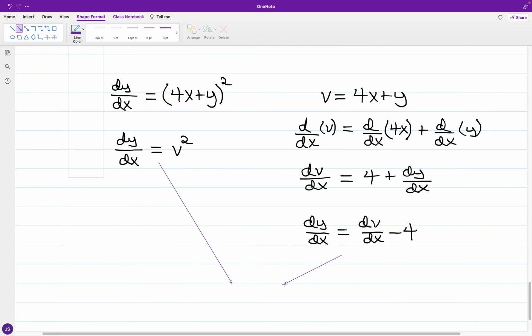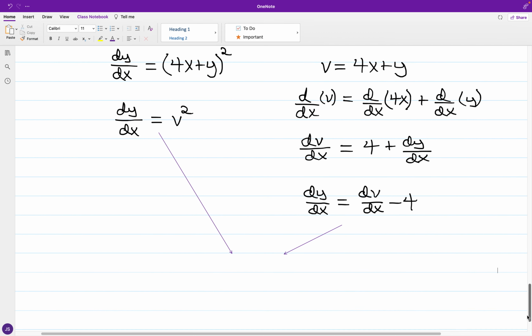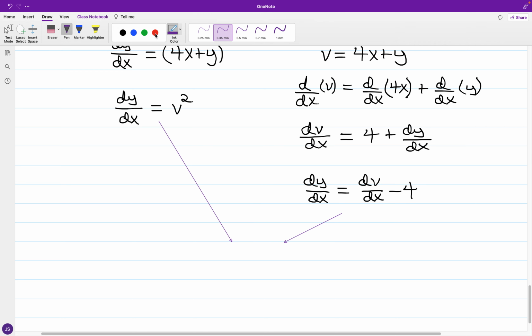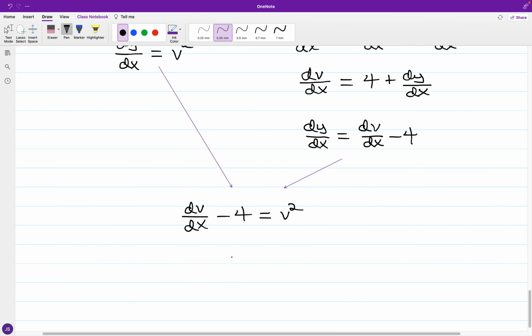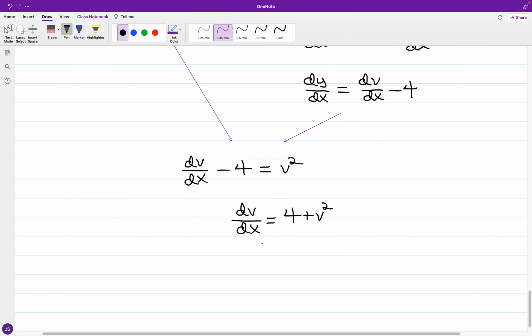Since we're working with the same dy over dx, and taking what we have in terms of the variable v, we have dv over dx minus 4 equal to v squared. Isolating the derivative, you have dv over dx equal to 4 plus v squared.